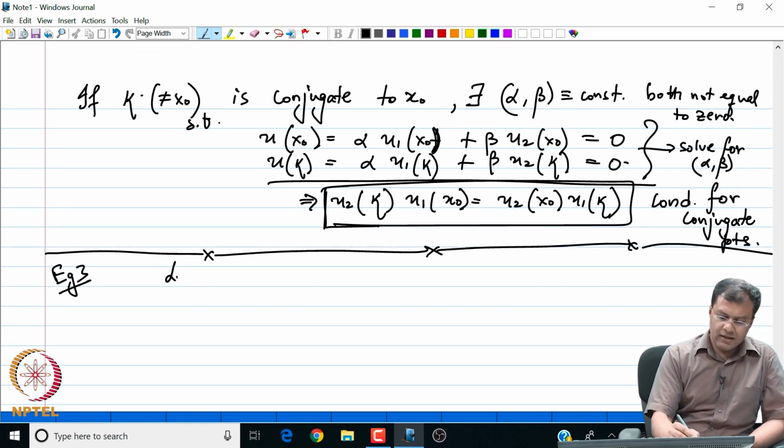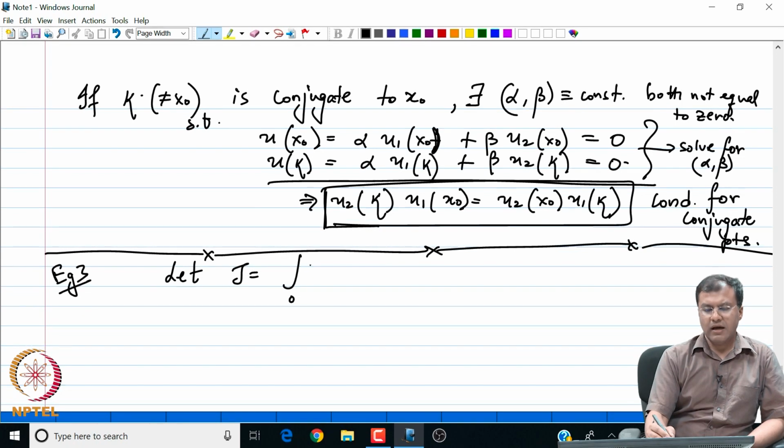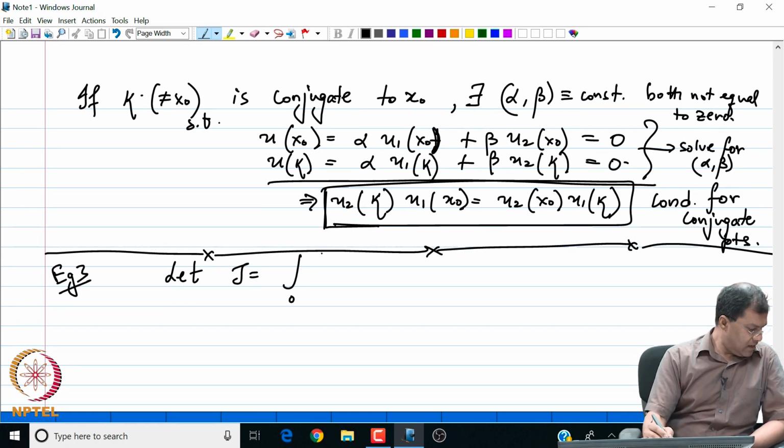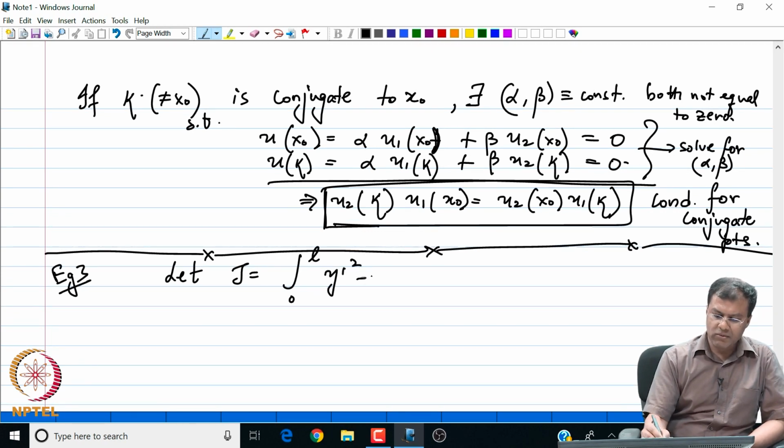So let my functional J be, again this is the same example that we began with in this lecture. So let J be the integral from 0 to L of y prime square minus y square dx.